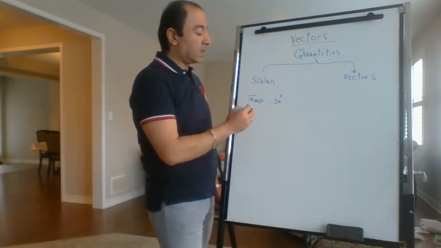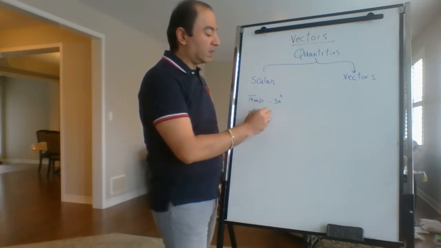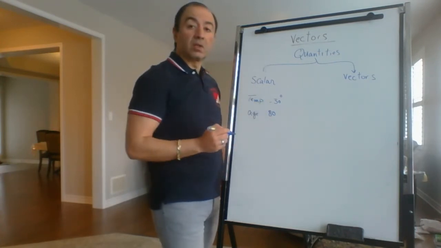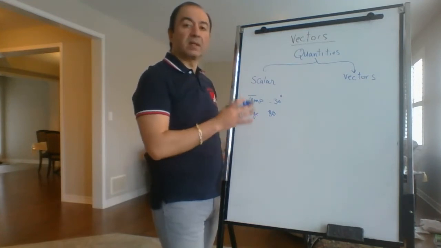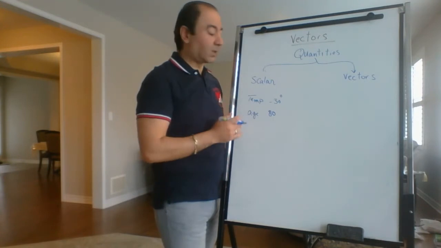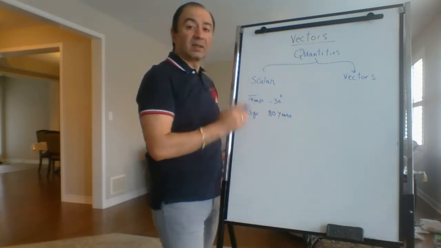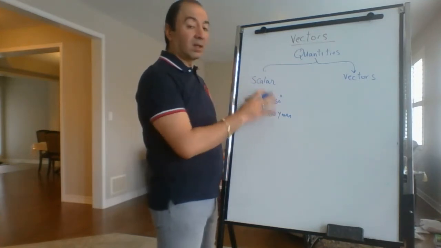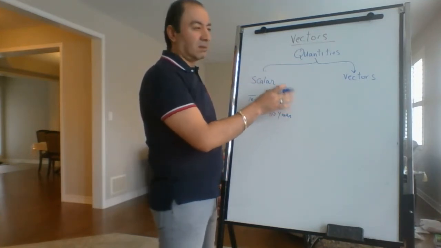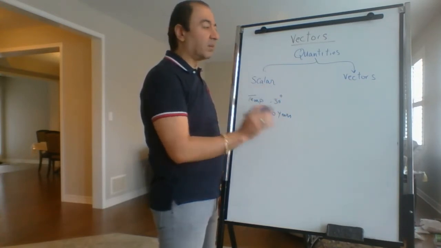If I say age, like when I say a person is 80 years old, right away you can say stay home and be safe, right? So those are the scalar quantities. It's enough. You can describe it only by magnitude, by a number.